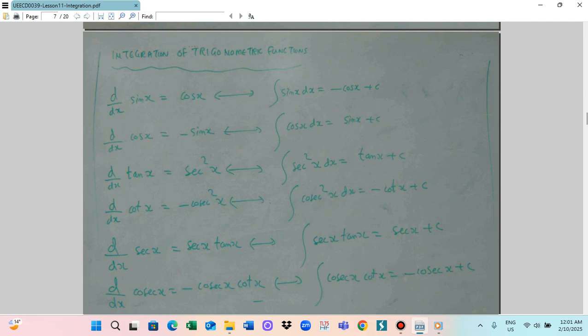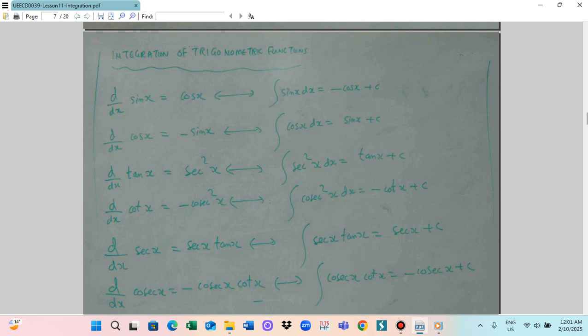And similarly, if you differentiate the tangent A, d by dA of tangent A is secant square A. So this is the opposite here. Integration of secant square A dA is equal to tangent A plus c.